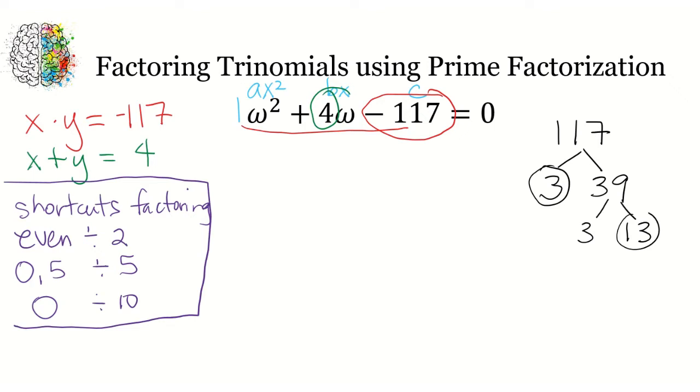Both of those are prime numbers, so that tells me that I'm done. So now I have found all of the factors of 117. I can get 117 if I take 3 times 3 times 13. So those are all of the combinations.